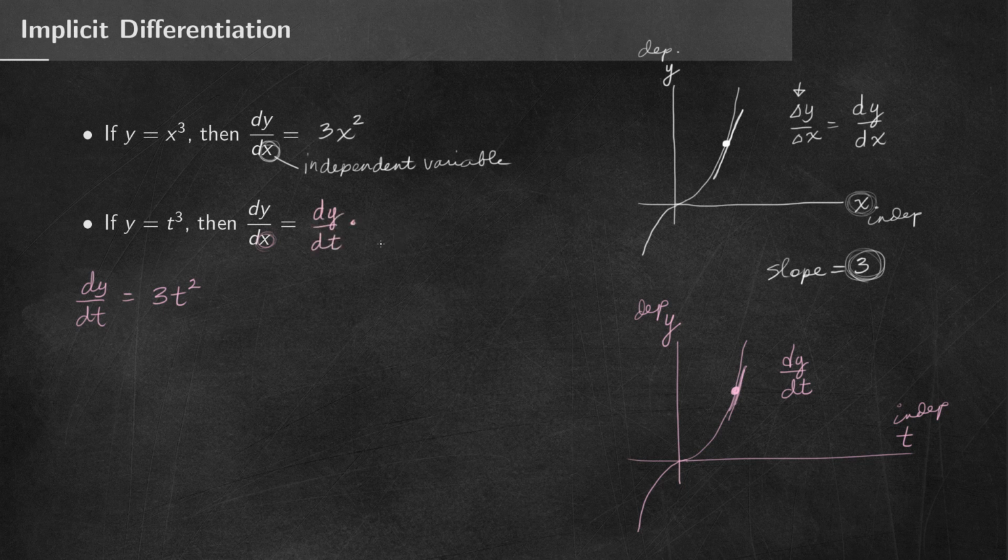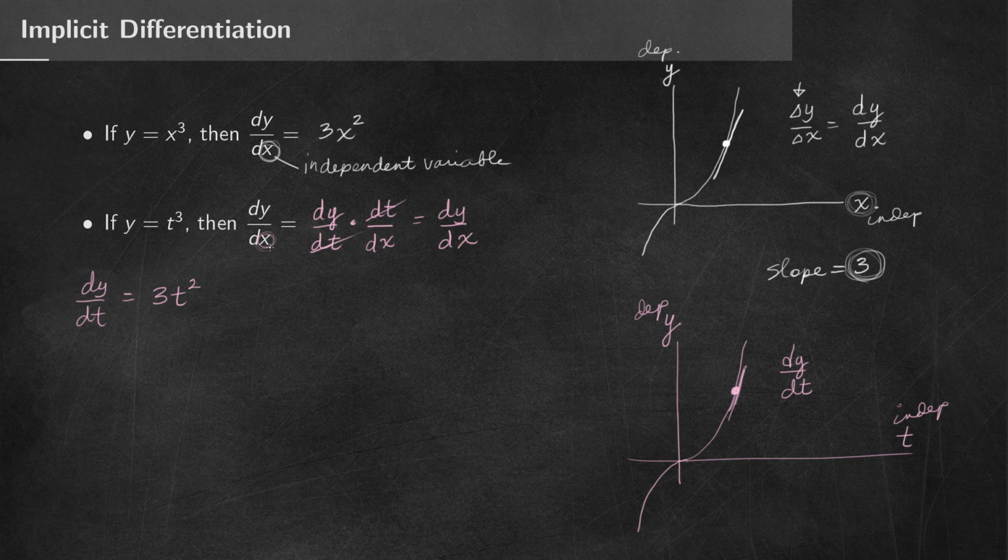And think about, what would you have to multiply dy over dt by to make it equal dy over dx? Well, we would want the dy to stay in the numerator, we'd want a dx to appear in the denominator, and we'd want to get rid of this dt. So I'm going to put a dt here in my numerator. So if I multiply dy over dt by dt over dx, then the dt's cancel out and leave me with dy dx, which is the derivative I'm trying to find.